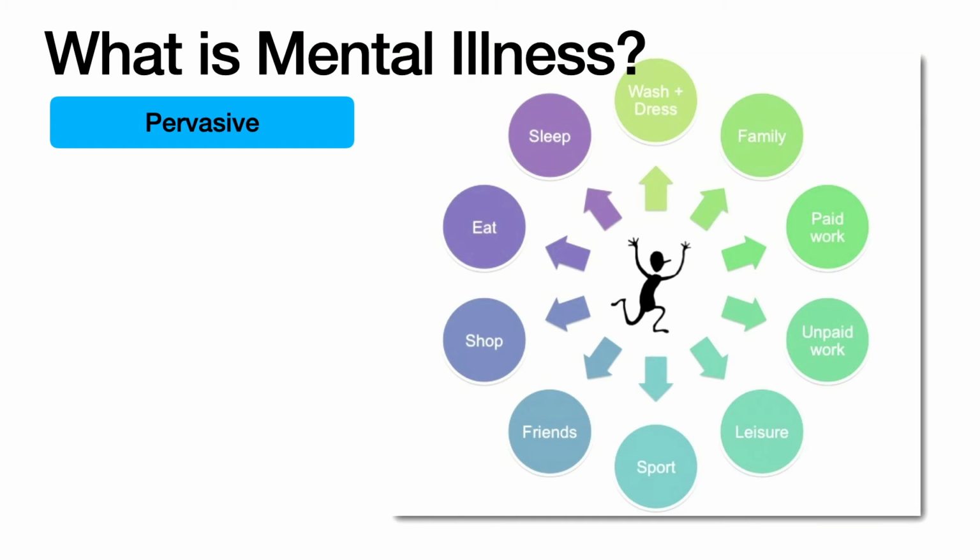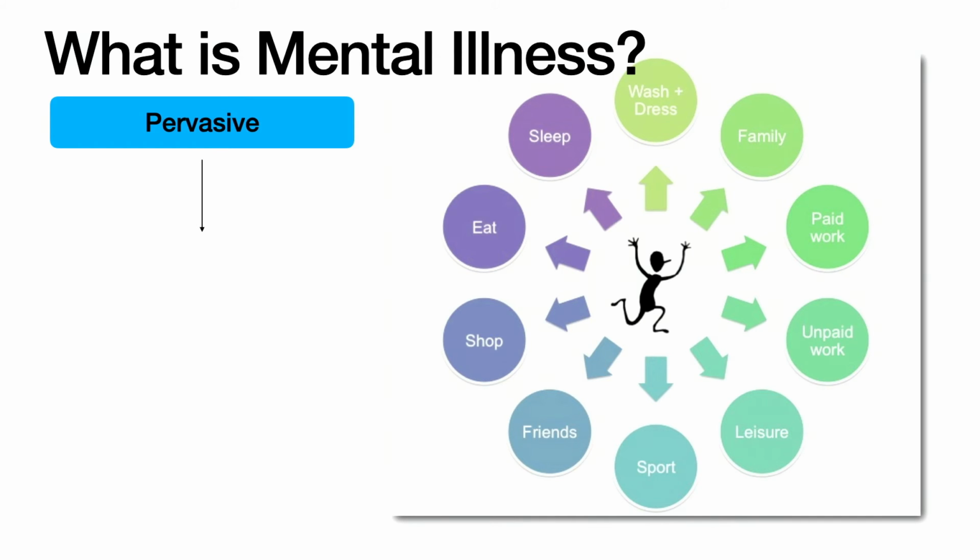As I have in this graphic here, they may interfere with sleep patterns, washing and dressing, family, getting paid work, even volunteer work, leisure activities, involvement in sports and exercise and self-care, friends, going out in public and shopping, even eating. Together, the severity of a mental illness, as opposed to a mental disorder, is that they have this pervasive quality.